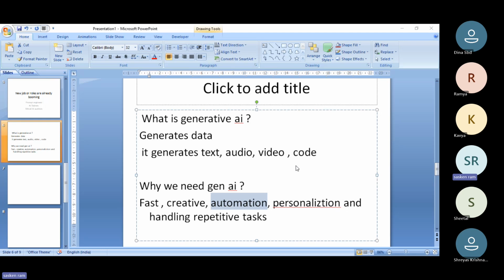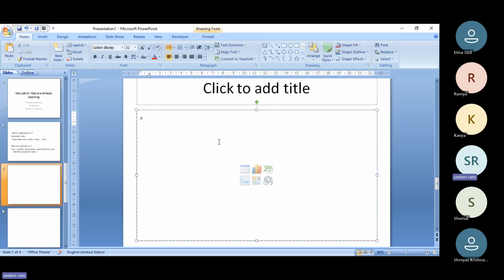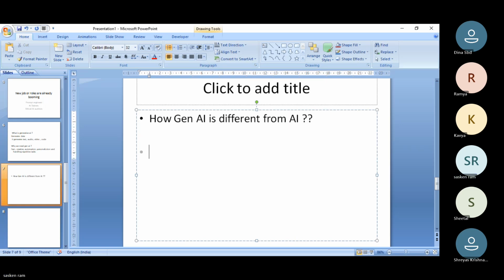So the next question is how it is different from traditional machine learning. How is generative AI different from conventional AI? Very simple, one-liner answer: machine learning, ML, is nothing but AI.